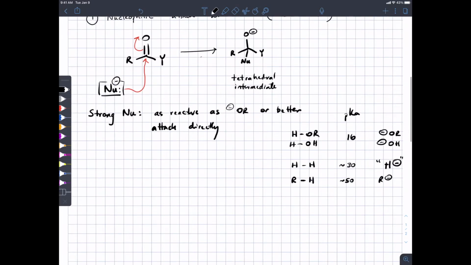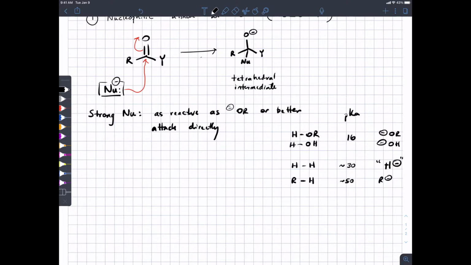Sometimes this first step isn't, well, we'll talk about that in just a minute. Okay, so some examples of nucleophiles that attack directly. We said OH minus, OR minus. We're going to see that when we want to use H minus as a nucleophile, we can't use that directly because it's not particularly soluble. We'll have to attach the hydrogen to something that's less electronegative than hydrogen.